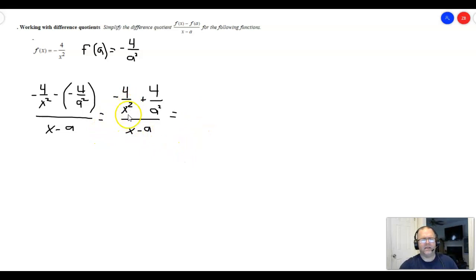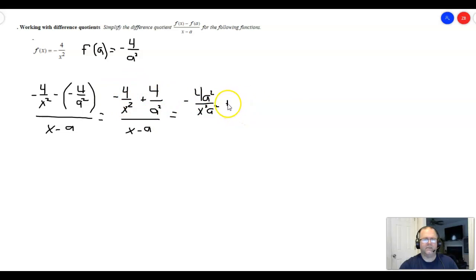So to get x squared a squared on the left, I have to multiply the top and the bottom by a squared. So this left is going to give me negative 4a squared all over x squared a squared. And that was just multiplying the top and the bottom by a squared because I'm trying to get a common denominator between these two fractions.